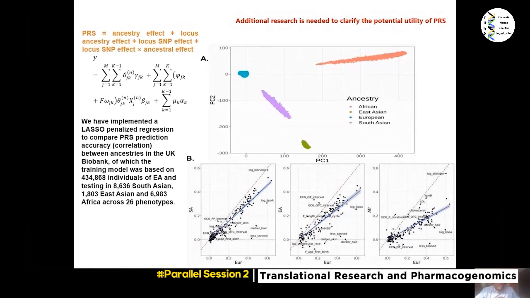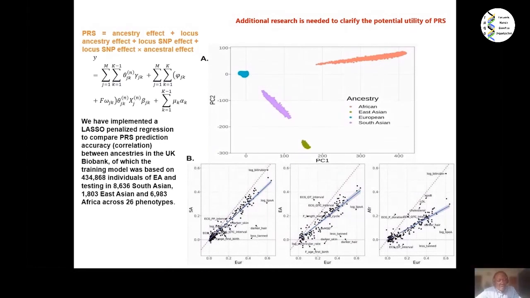Once we modeled that, we applied this model by implementing a lasso penalized regression, where we compare PRS predictive accuracy between European ancestry from UK Biobank as the training model, and test models using 8,636 South Asians, 1,800 East Asians, and 6,983 Africans across 26 phenotypes.